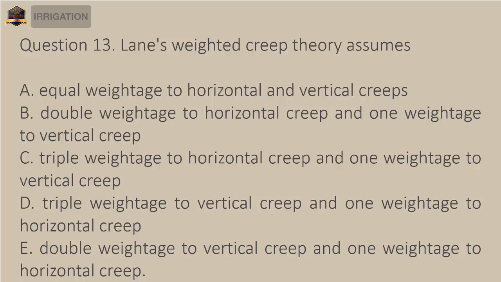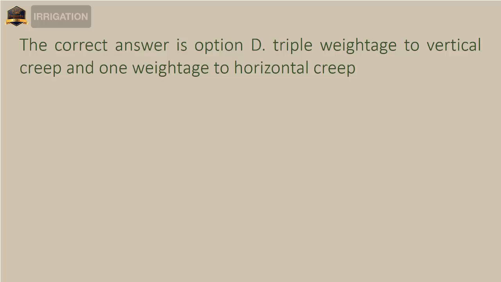D. Triple weightage to vertical creep and 1 weightage to horizontal creep. E. Double weightage to vertical creep and 1 weightage to horizontal creep. The correct answer is option D, triple weightage to vertical creep and 1 weightage to horizontal creep.